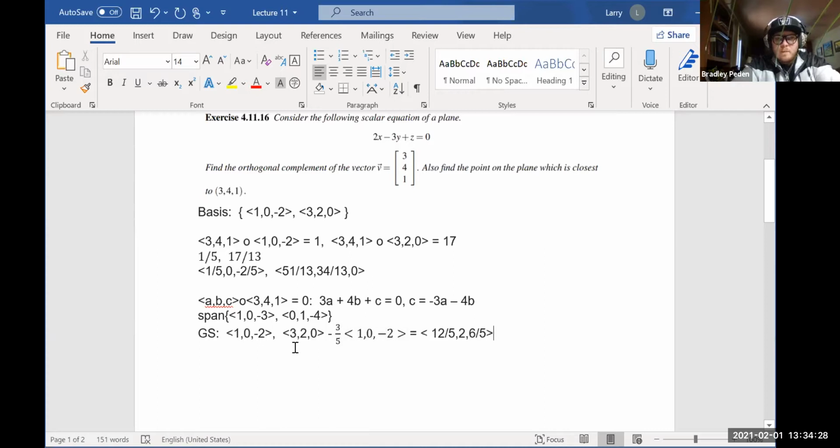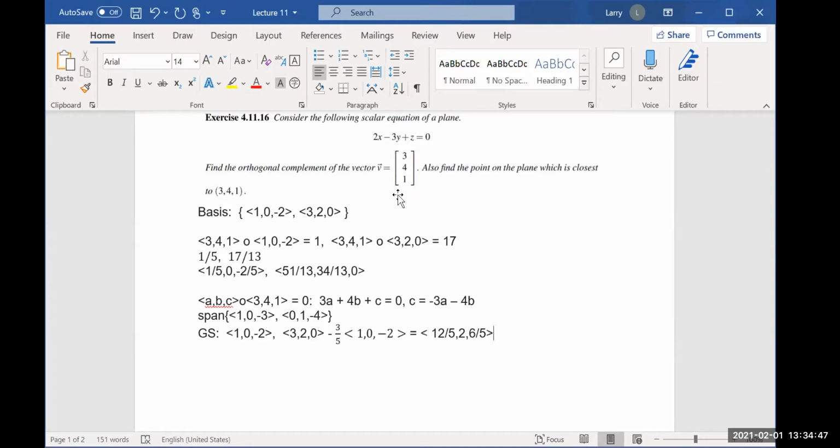And then how do I get the projection once I know that? I take my 3, 4, 1, and what do I do with it? Who remembers?